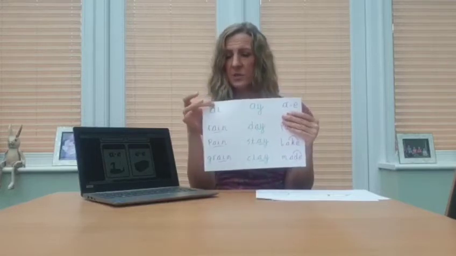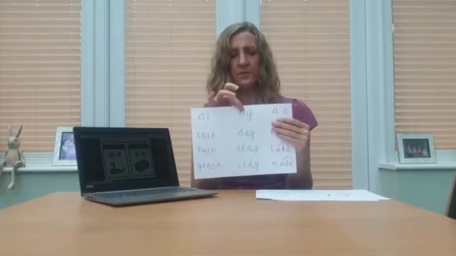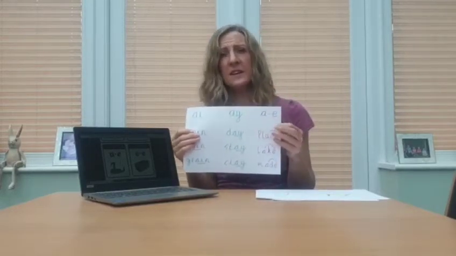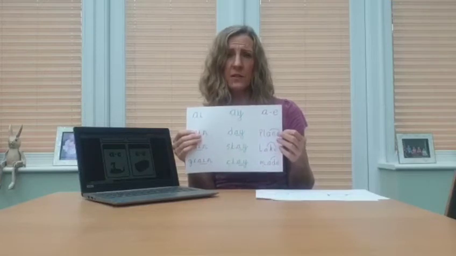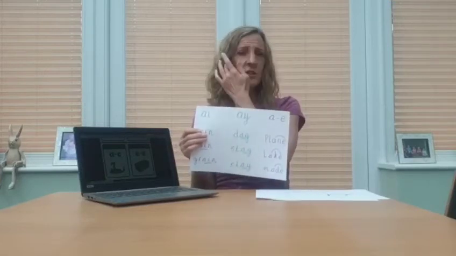So this is Phase 3, Phase 5, and then towards the end of Phase 5 we start to look at split digraphs, which are a little bit more tricky for children to grasp. So I'm just going to have a look at how we normally teach the children the split digraphs. So a split digraph, as you can probably guess, is a digraph that's together and then it's split up by another letter in the middle of the two vowels.